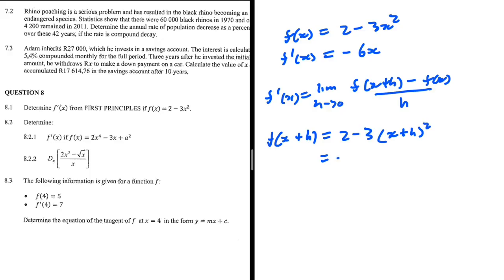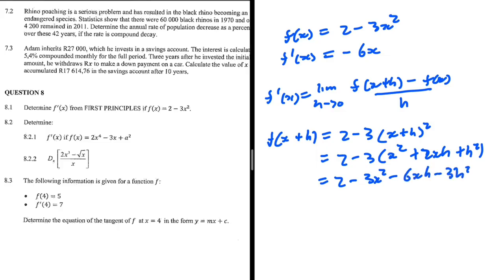So this is 2 minus 3 times x squared plus 2xh plus h squared, which is 2 minus 3x squared minus 6xh minus 3h squared. So we have f of x plus h.